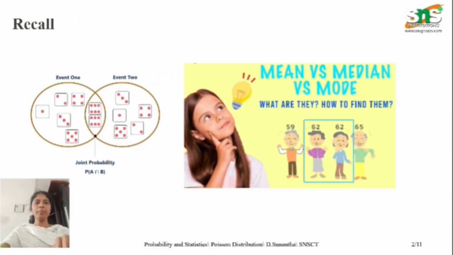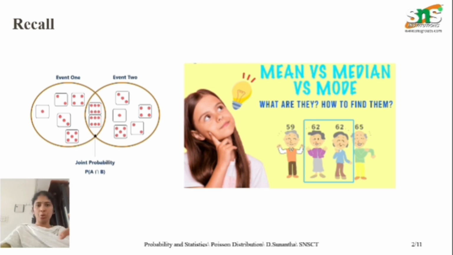So here is the recall part. Before understanding Poisson distribution, let us recall the idea of discrete probability distribution. That is, events occur independently, events occur randomly, the average rate of occurrence remains constant, and we count the number of occurrences within a fixed interval. So the random variable x represents the number of occurrences of an event, and the parameter lambda represents the average number of occurrences.